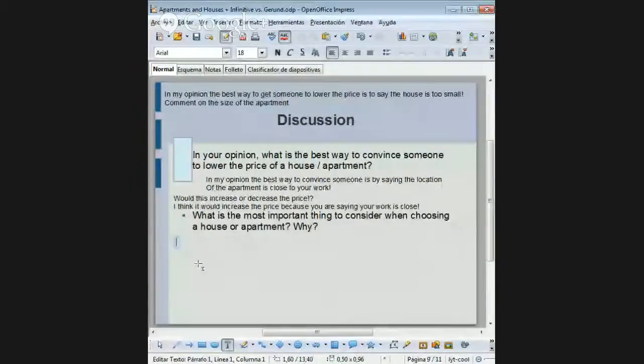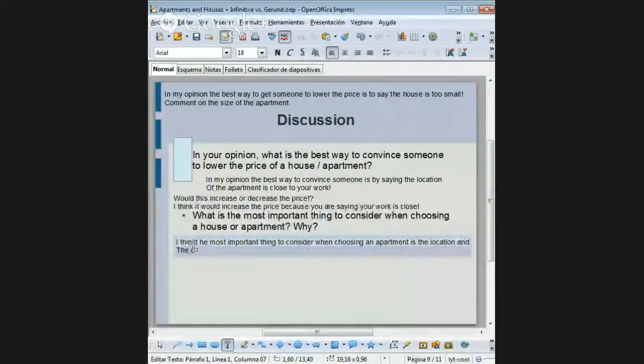I think the most important thing to consider when choosing an apartment is the location, and how comfortable it is to go to work.